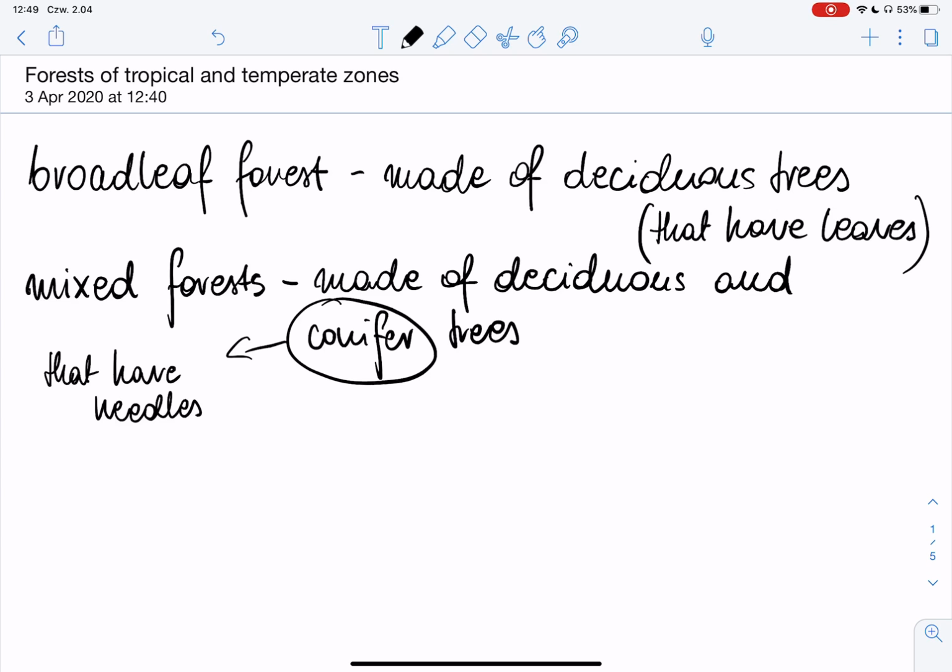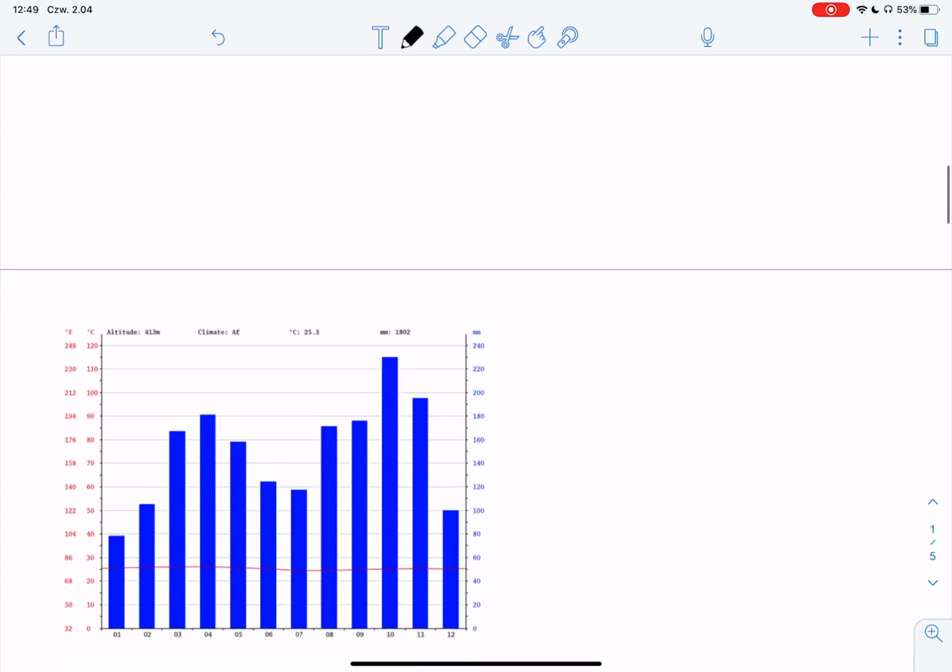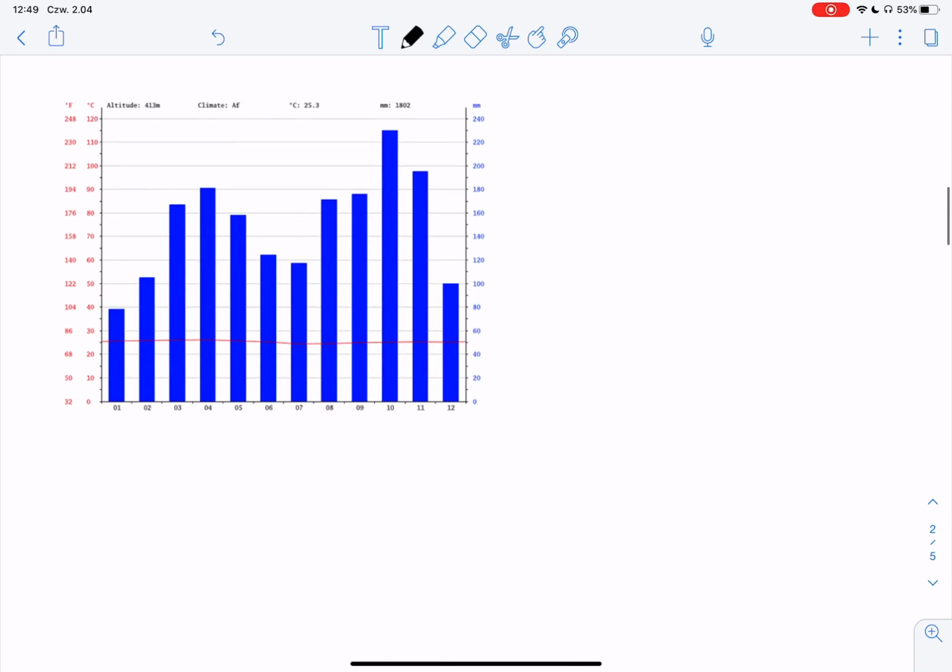And guys, for this, I have prepared a climatogram for one of the places that is located basically in the middle of the tropical rainforest zone, and this place is Kisangani, which is located in the Democratic Republic of Congo.